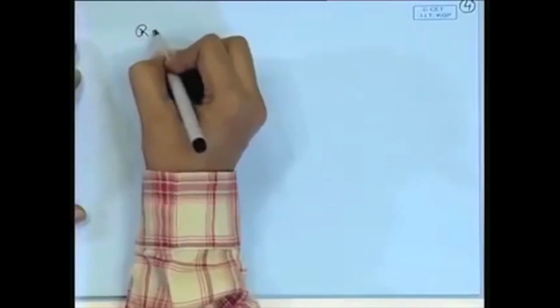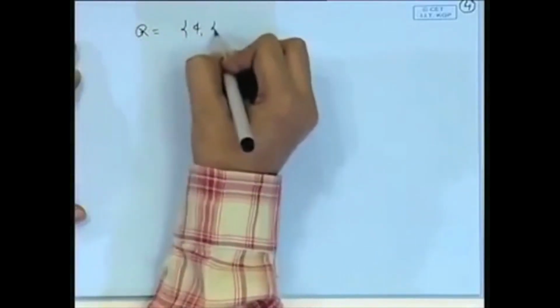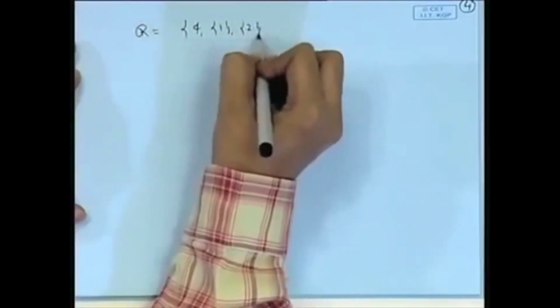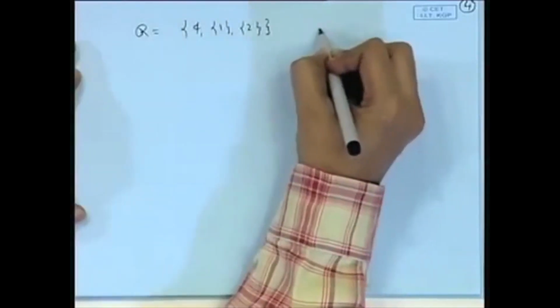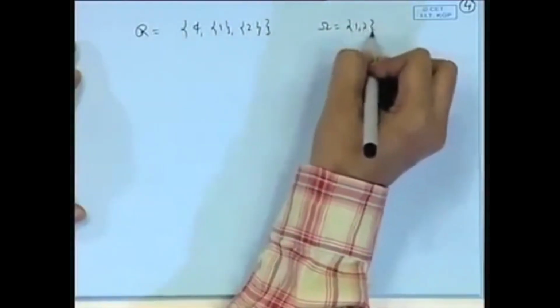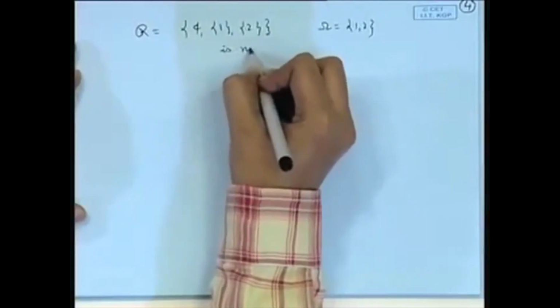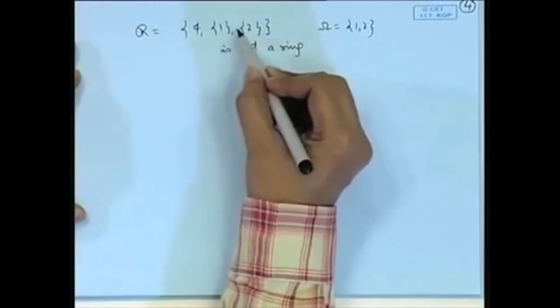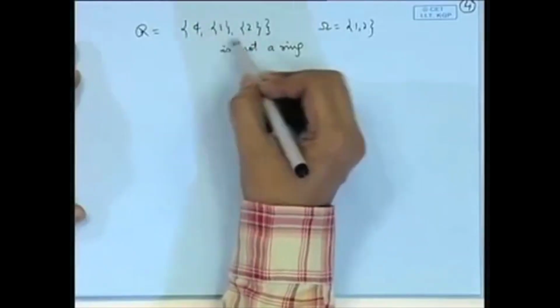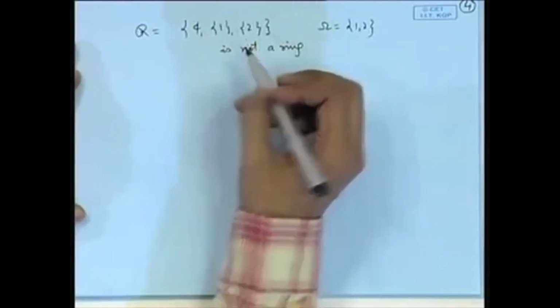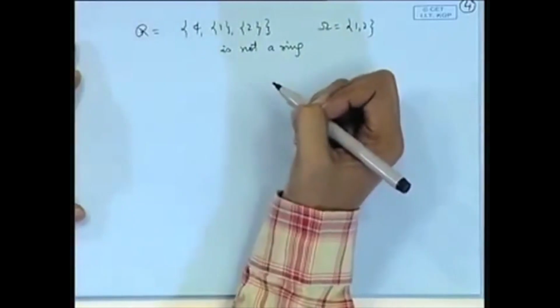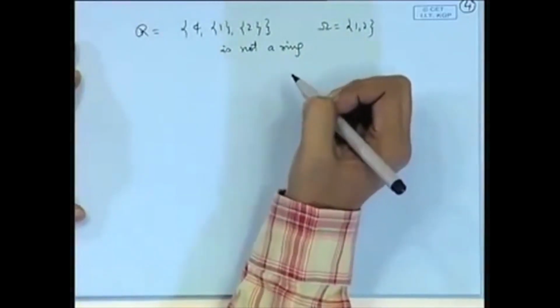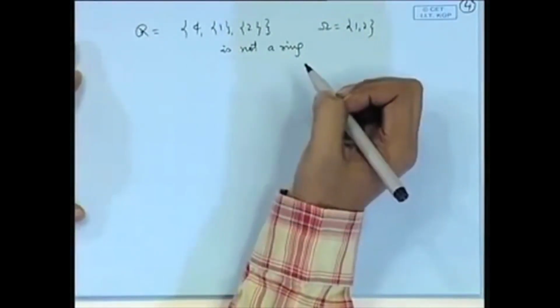For example, if I consider R equal to {phi, {1}, {2}}, where omega is equal to {1, 2}, then this is not a ring. Here it is closed under the operation of taking intersections, but it is not a ring. So the definition of ring is not symmetric in the treatment of unions and intersections.